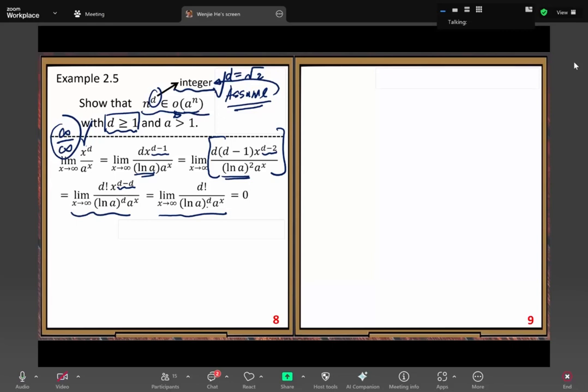Now let's go to the general non-integer case for d. This time we can work on the non-integer case for d, because we have the experience of the integer case.